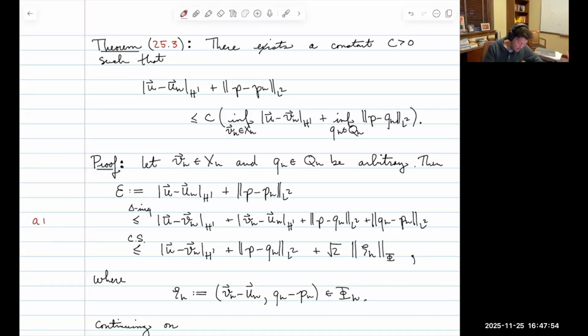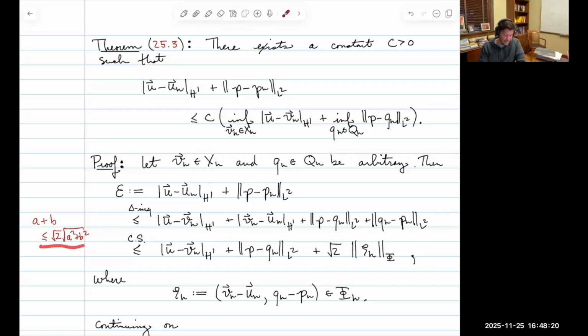Basically, I have A plus B, and I want to know, is that less than or equal to the square root of A squared plus B squared? That's a very simple application of Cauchy-Schwarz, and the answer is yes, as long as I put a constant here of square root of 2.